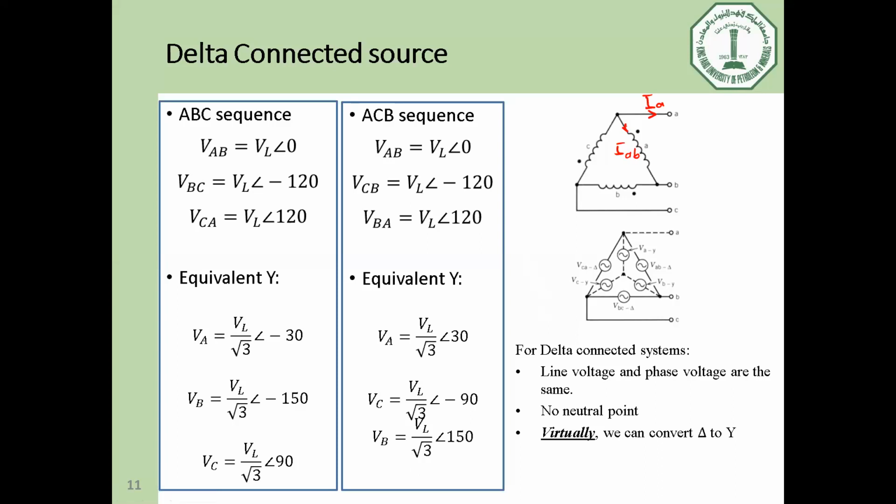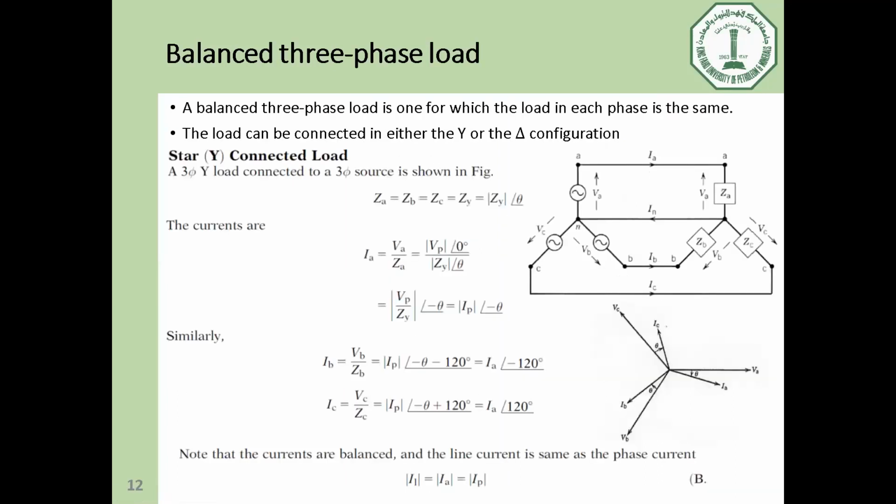Now, this is for the sources. What about loads? For the loads, it's similar. If we have a star connected load like that with 3 impedances, we can say the load is balanced if ZA, ZB, and ZC are the same. So if ZA, ZB, and ZC equal Z phase or ZY at angle theta, we can say that IA equals VA divided by ZA.